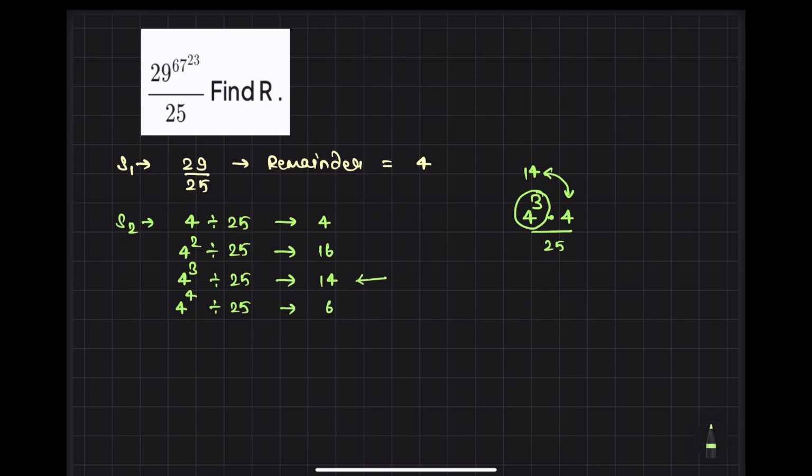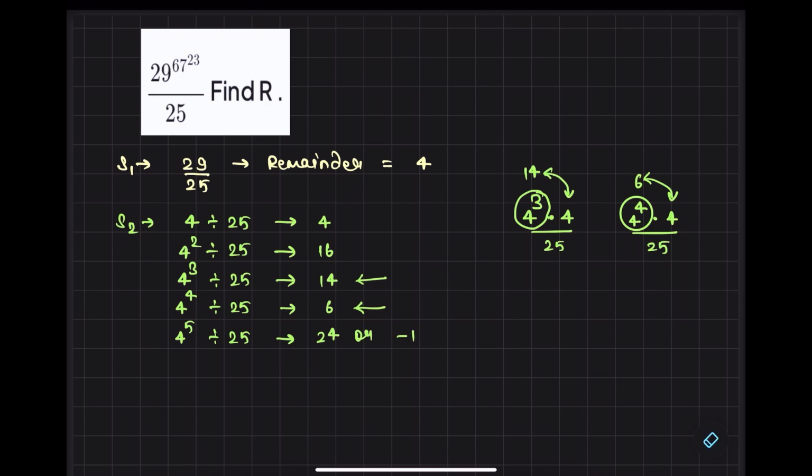Now 4 power 5 divided by 25. You know that you can write 4 power 5 as 4 power 4 into 4 by 25. For 4 power 4, we get remainder 6. So 6 into 4 is 24, and 24 is smaller than 25. So we can write 24 as minus 1, correct or wrong?